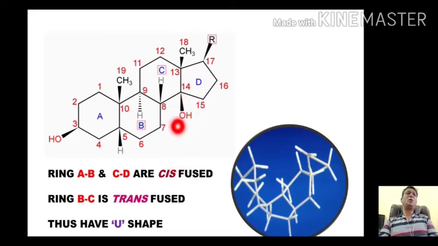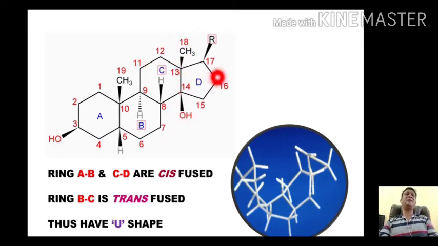Likewise, the configuration of rings C and D is also cis fused, because the substituents at C13 and C14 both have the beta orientation, the same orientation.